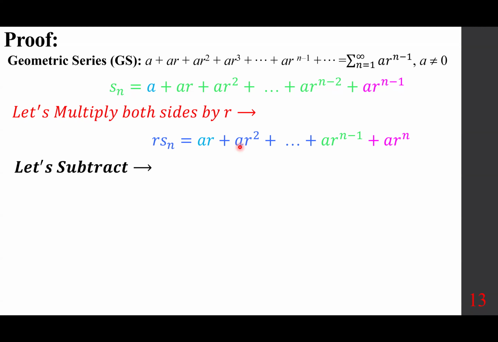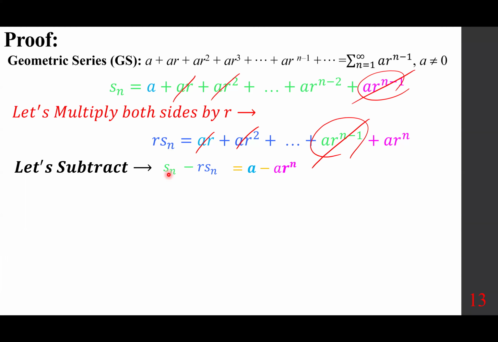Let's subtract this one from this one. If I subtract this from this one, ar cancels out ar, ar squared cancels out ar squared, and all the way to the end, this one cancels out this one. So what we have, s sub n minus r s sub n, is a minus a r to the power of n.